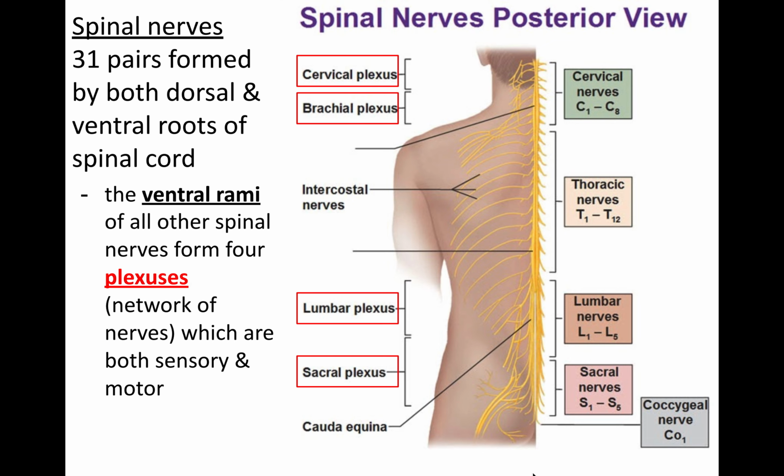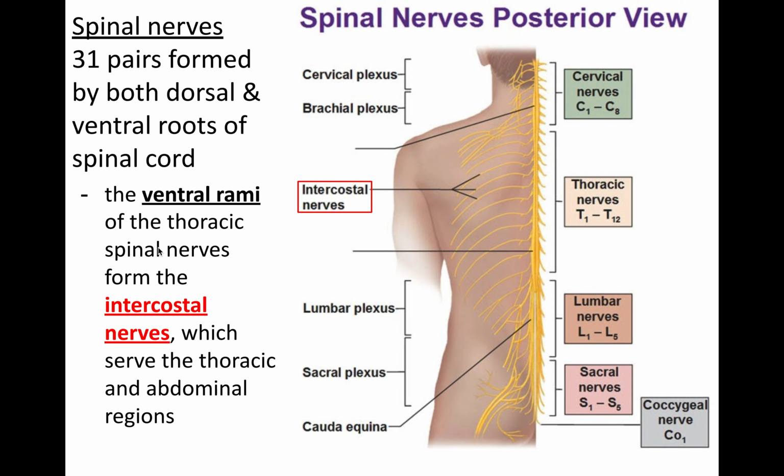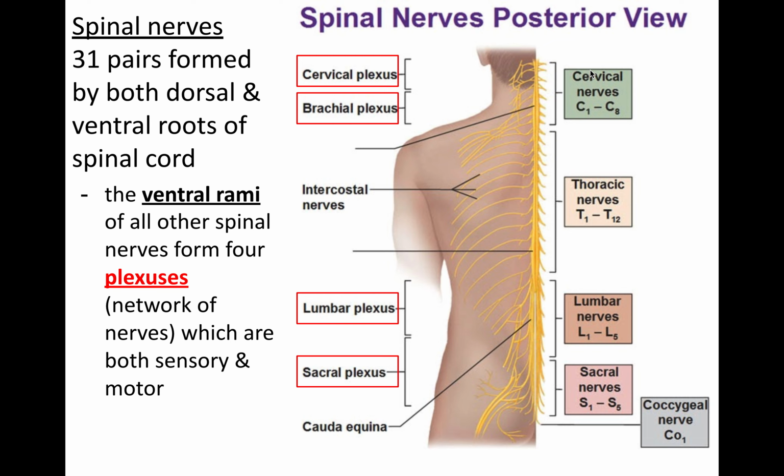Okay, so anyways, now the ventral rami, also in different parts. We have the ventral rami in the ventral side of the spinal cord, in your chest area, that's controlling the intercostal area, right? The intercostal nerves. But on the top end of the spine and the bottom end of the spine, you see these massive woven networks here.